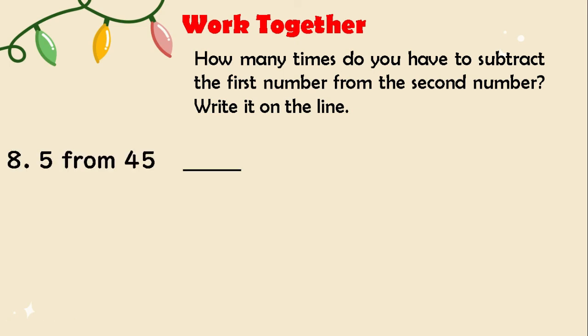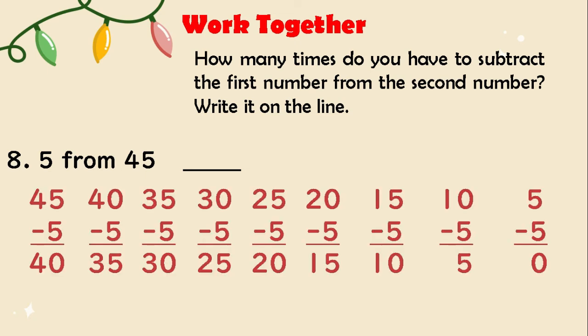For number 8, 5 from 45. Let me show you these subtraction sentences and let's count. 1, 2, 3, 4, 5, 6, 7, 8, 9. So we can subtract 5 from 45 9 times.